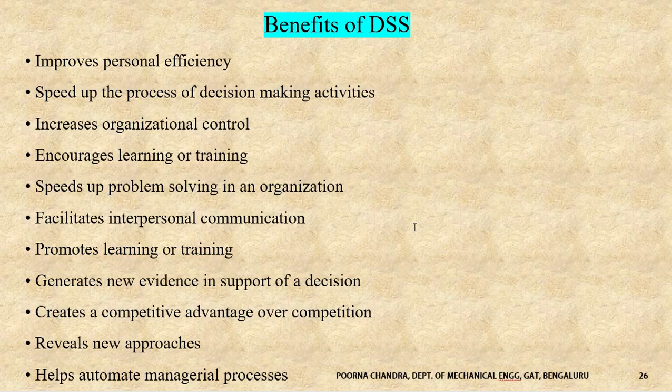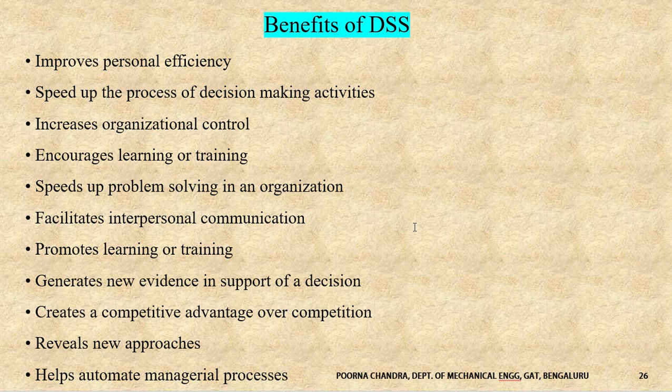Next we shall proceed with the benefits of DSS. The benefits of DSS are: it improves personal efficiency, and speeds up the process of decision making activities, so we can take decisions in a faster manner. It increases organizational control, so we can take control of all departments. It encourages learning and training, and speeds up problem solving in an organization.